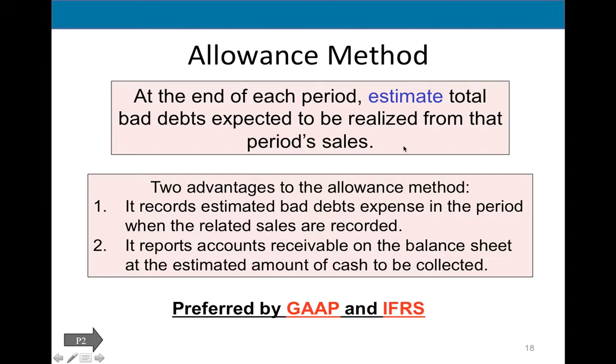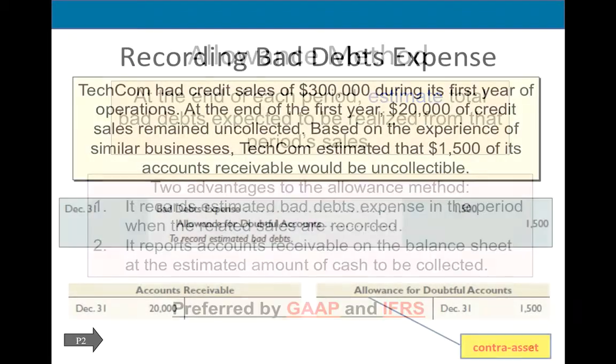Usually we base this estimate on the historical data from our past performance, and it will always be given to you, but it's a management decision to make this estimate. So these are two advantages of the allowance method, and it says here preferred. It's actually required, we can say, by both the GAAP and international standards.